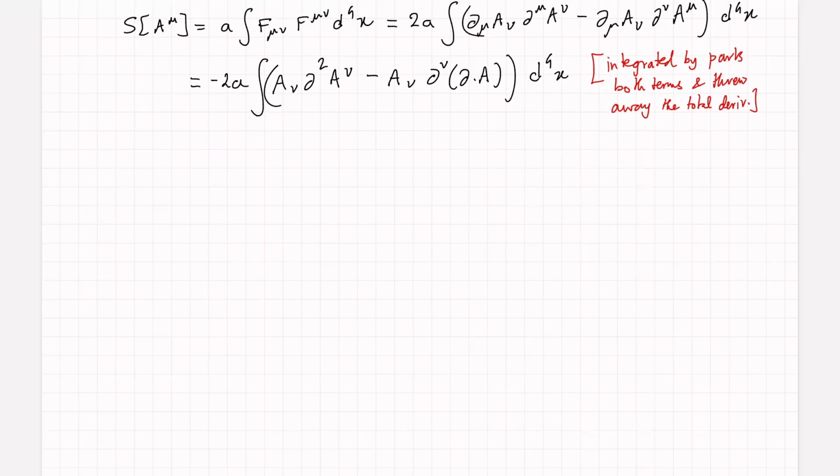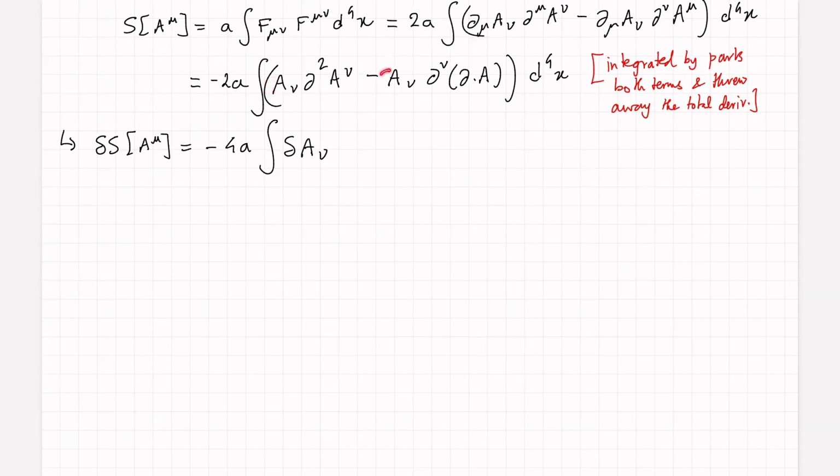Now I can do the same standard thing, that I vary the action with respect to A_mu. And this gives me... So notice that both of them are quadratic in A_mu. And in fact, you can check that when you vary, one's variation will hit this one, and then one's variation will hit this one.